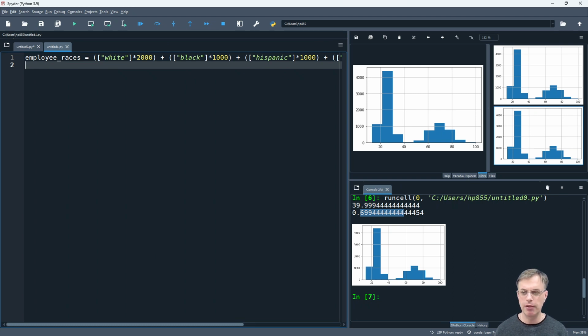Okay, now employee races represent our employee population. For example, in our company of 10,000 people, 2,000 are white, 3,000 are Asian, and 1,000 are Hispanic, and so on and so on.